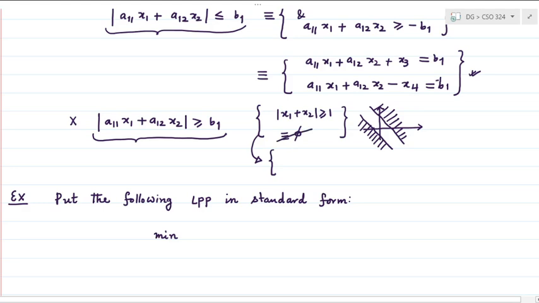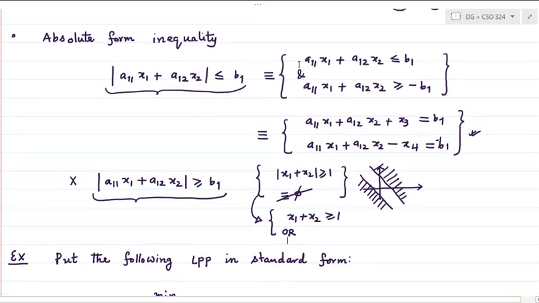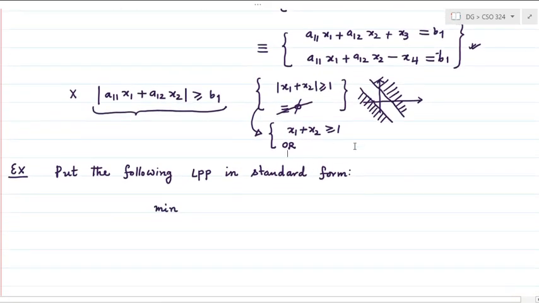It will be of this form. Explicitly, x1 plus x2 is greater than or equal to 1, or x1 plus x2 is less than or equal to minus 1. Unlike the less than or equal to b1 case, where we had and, here you will have or.